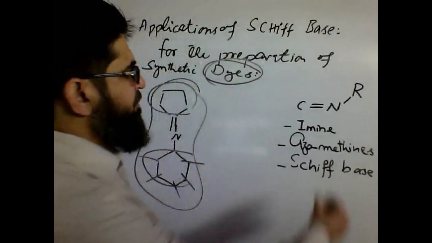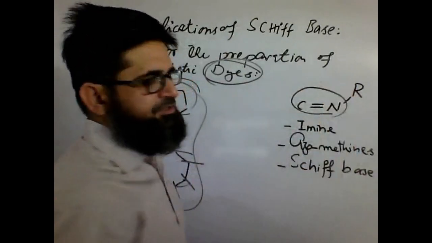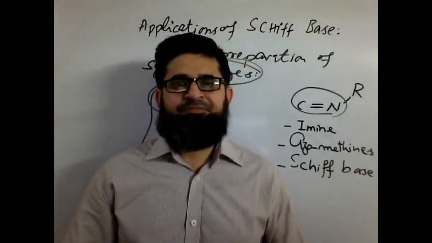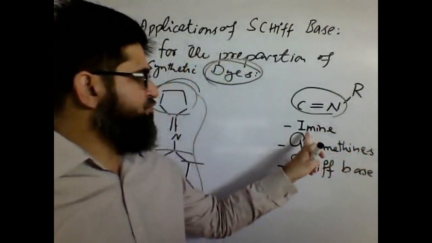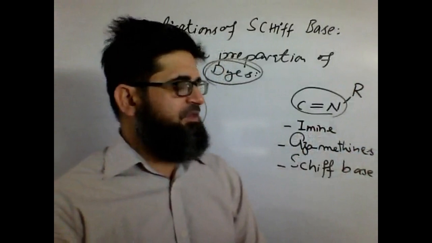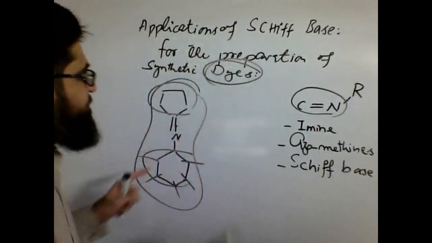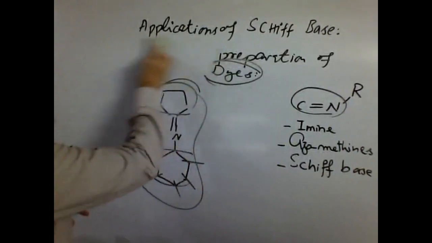What is the basic concept? The presence of the double bond between carbon and nitrogen makes such compounds called imine, azomethine, or Schiff bases. How the Schiff bases are produced, I discussed yesterday.